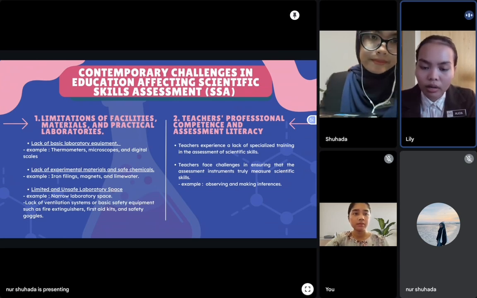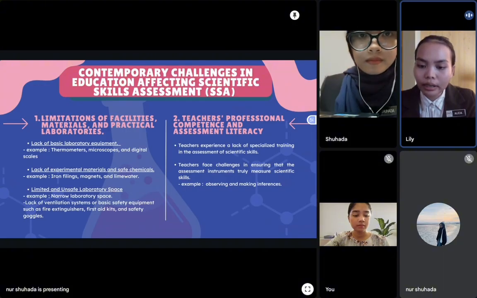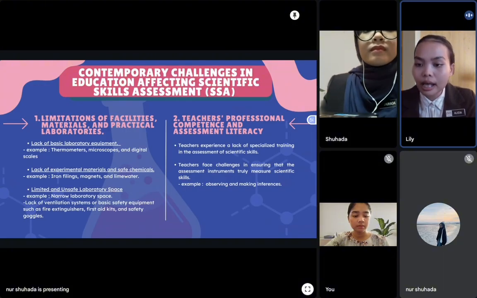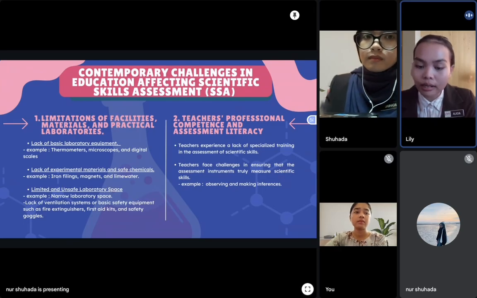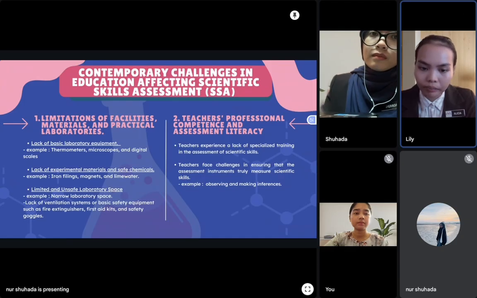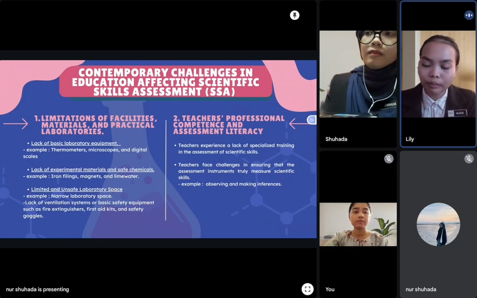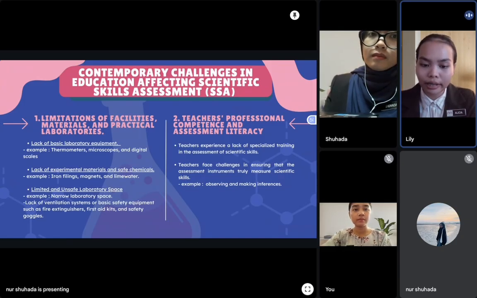This is because not all teachers possess an adequate level of knowledge and skills to design, implement, and interpret the assessment of scientific skills accurately and validly. Teachers experience a lack of specialized training in the assessment of scientific skills.